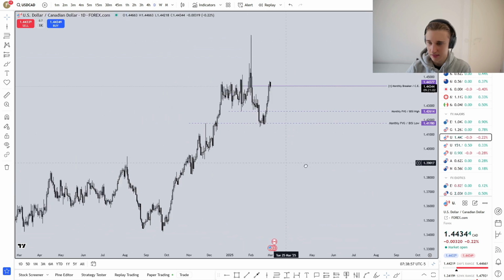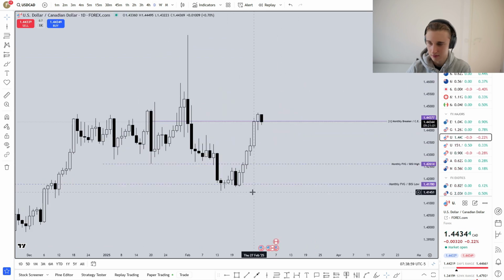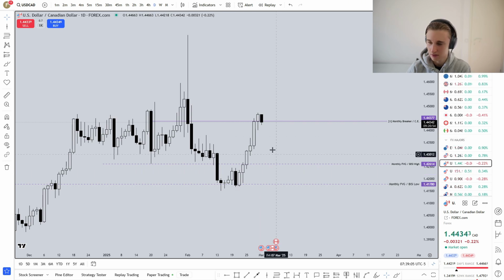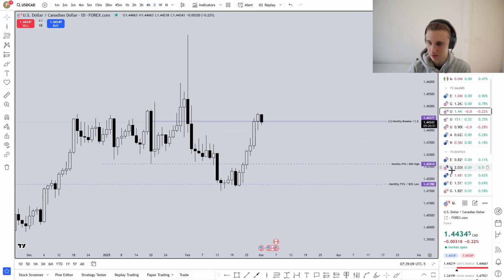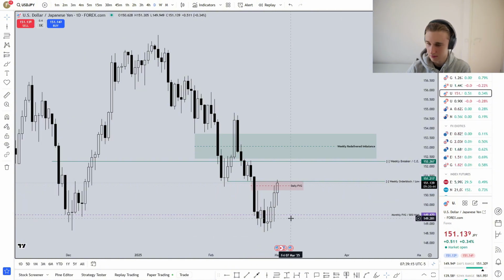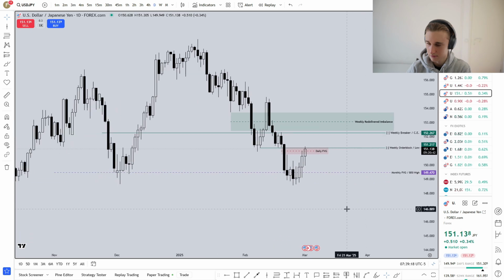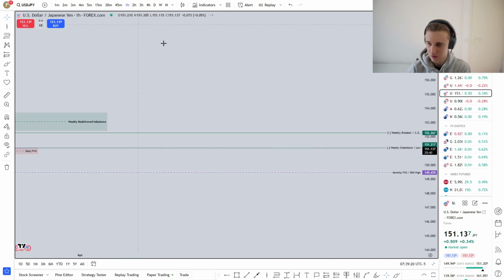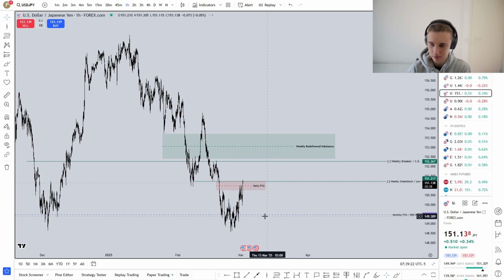Again, USD CAD, not the ideal pair to trade because DXY is bearish and we've seen fundamental strength on USD CAD. USD JPY, also not a good trade in my opinion.